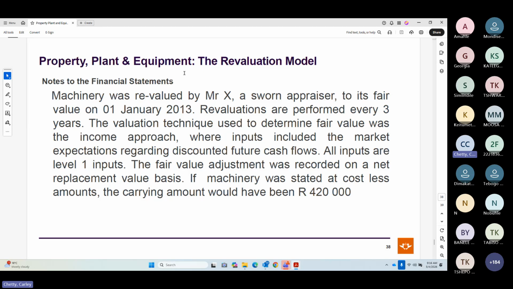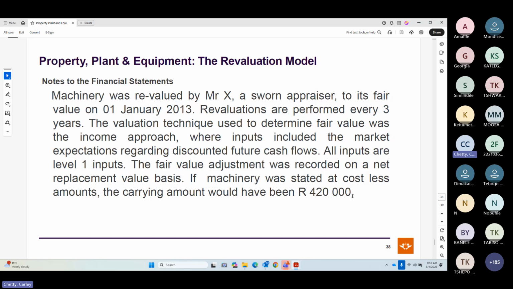The valuation technique used to determine fair value was the income approach, where inputs included the market expectations regarding discounted future cash flows. So all inputs are level 1 inputs. The fair value adjustment was recorded on a net replacement value basis. If machinery was stated at cost less amounts, the carrying amount would have been 420,000.